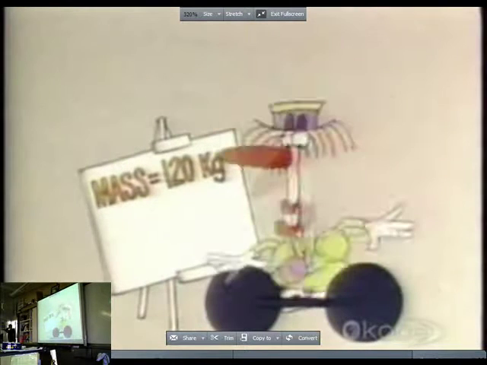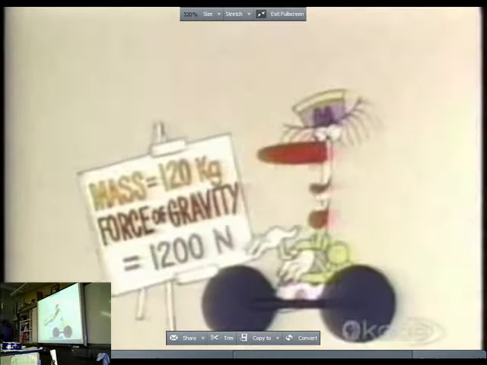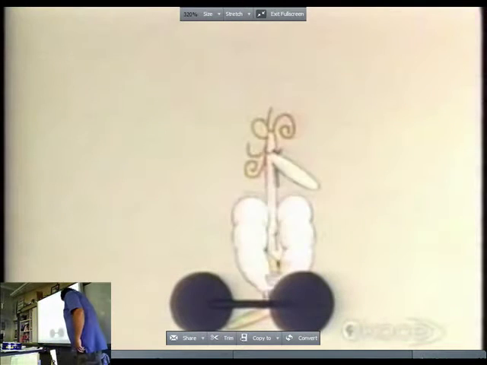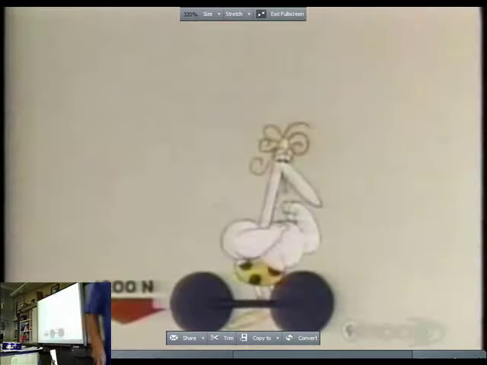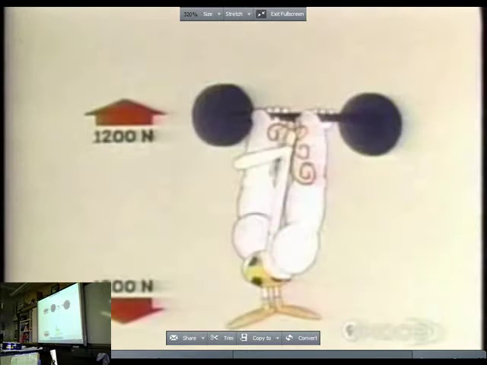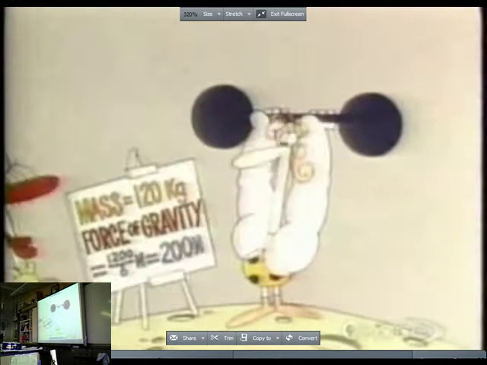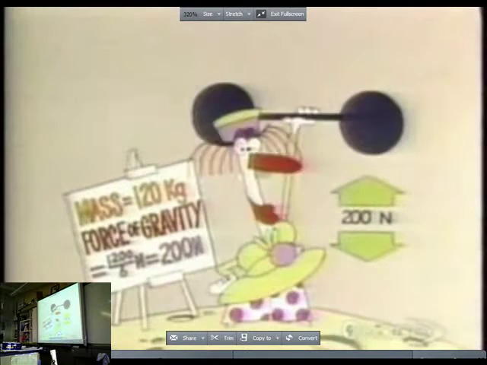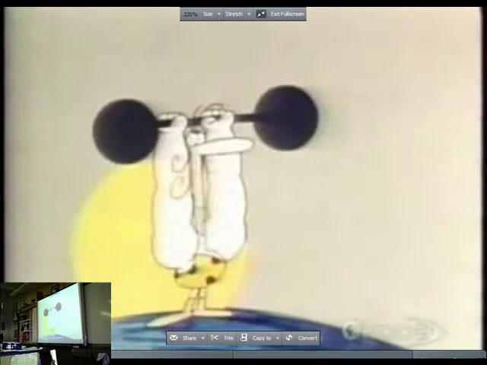Since they are resting on the surface of the planet Earth, we know that the force of gravity acting on them is about 10 times that number of newtons. It takes a very strong man to lift something that weighs so much. Because if the barbell is being pulled down by a force of 1,200 newtons, it must take 1,200 newtons of force to hold it up. Of course, if we were on the moon, where the force of gravity is only one sixth that of the Earth, anybody could do it. But we're not on the moon. That looks like hard work. But how much work?